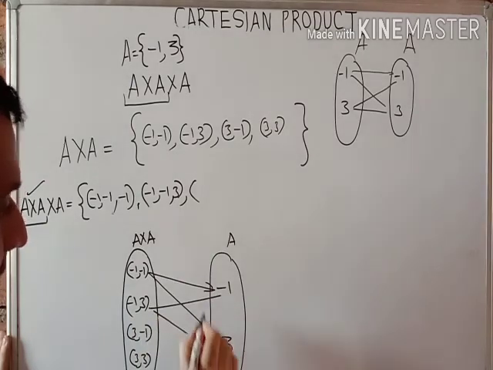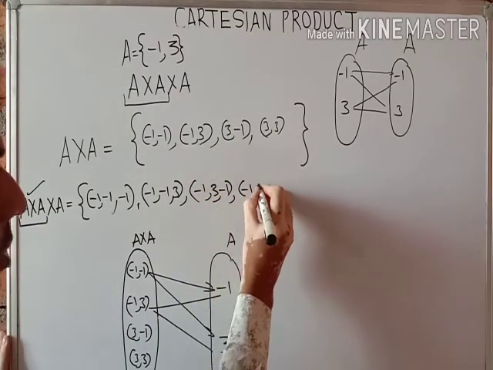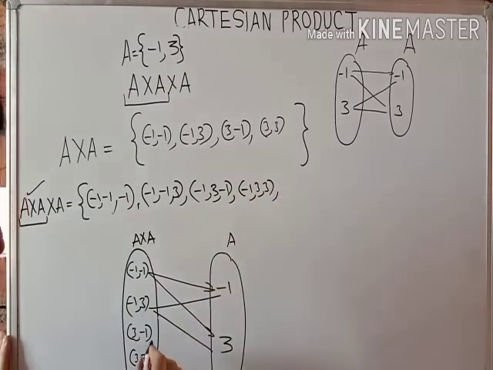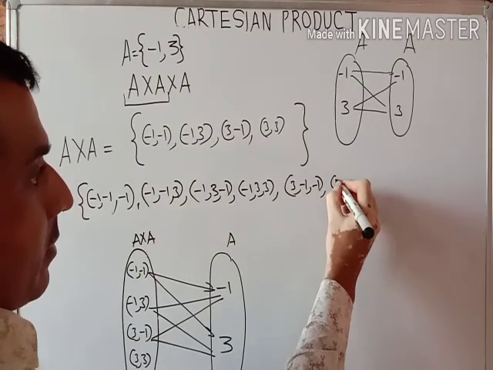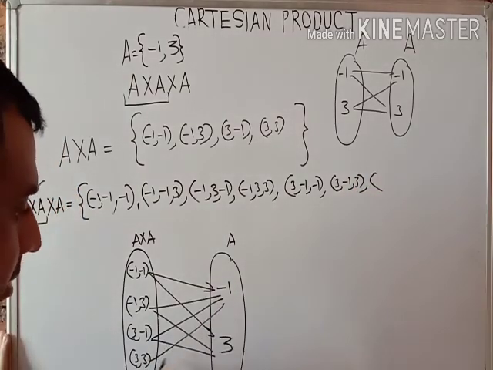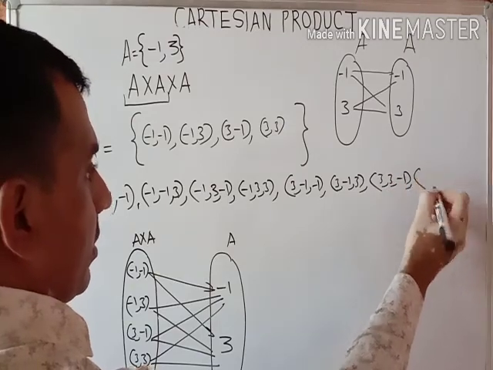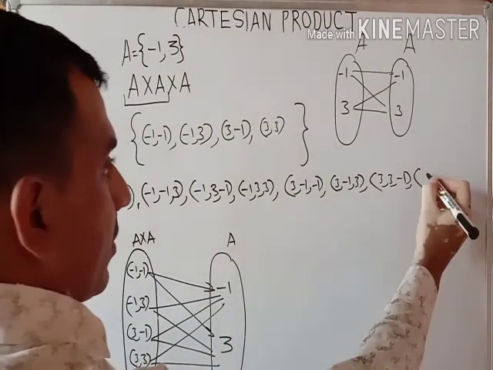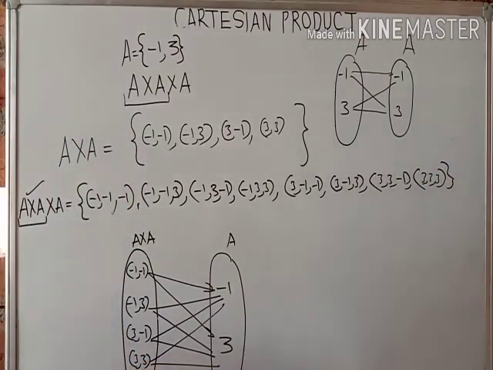This with this and this with this. (-1, -1, -1), (-1, -1, 3), then (-1, 3, -1), (-1, 3, 3), then (3, -1, -1), (3, -1, 3), then (3, 3, -1), and (3, 3, 3). So this is a Cartesian product of 3 non-empty sets.